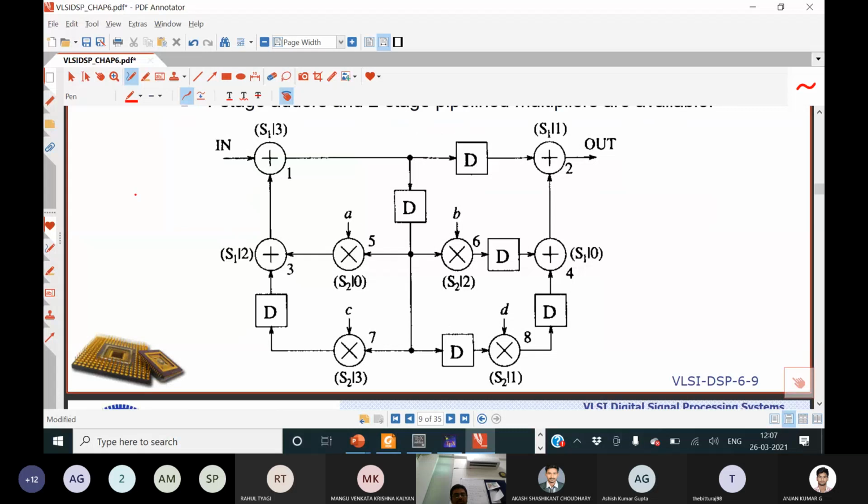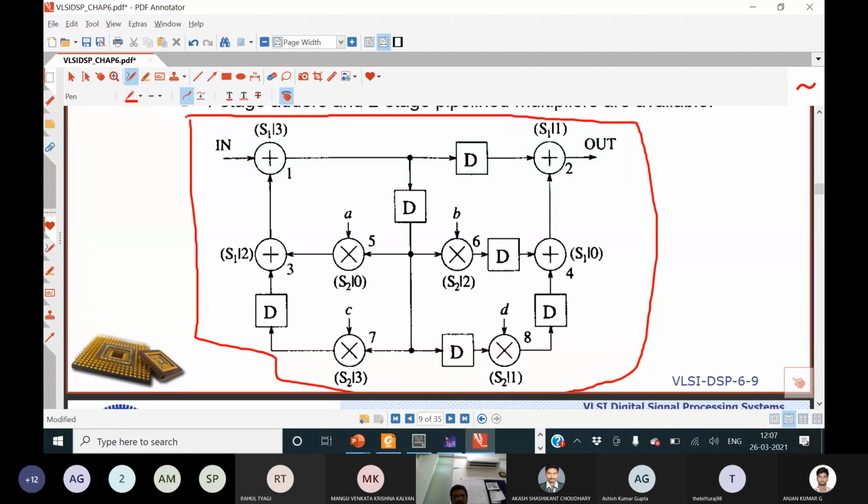Suppose that this is your original circuit which is given. If you observe over here, you have 4 adders and 4 multipliers.